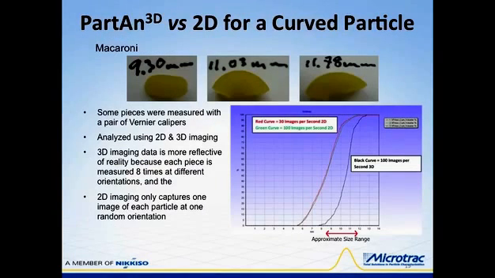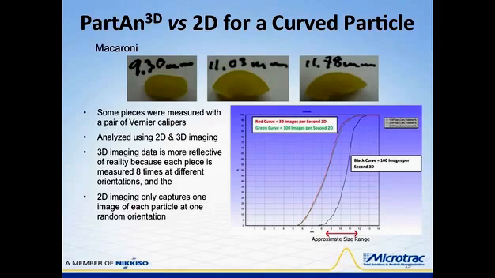In this slide, you see the measurement results in 3D and 2D of a sample of a common pasta, which has similar sizes particle to particle, but not as precisely similar as the coin sample. And the results shown are the cum percent finer than distribution for, in this case, the length parameter.